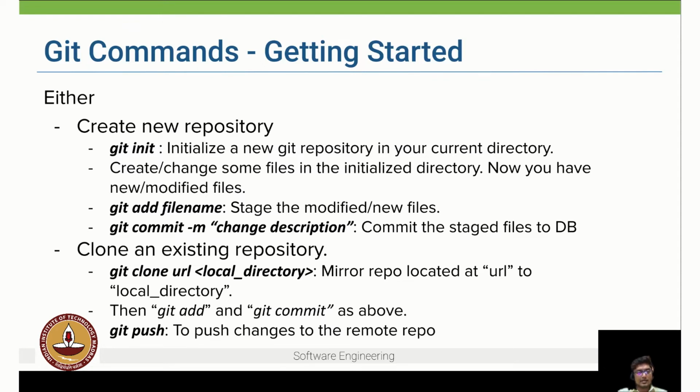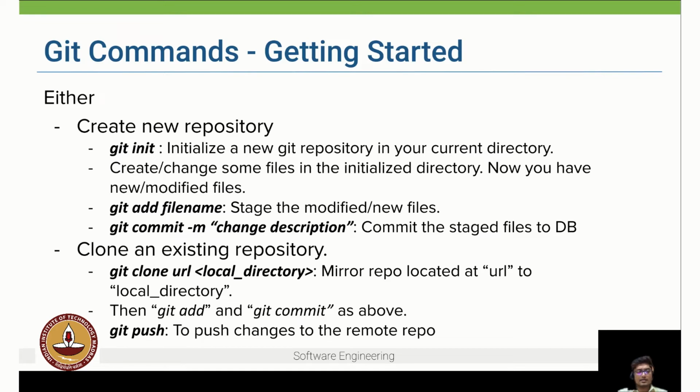The other way is that if there is already an existing repository and you have joined the development on it, you will clone that repository to your local machine. The command is git clone URL, then the directory you want to clone it to.